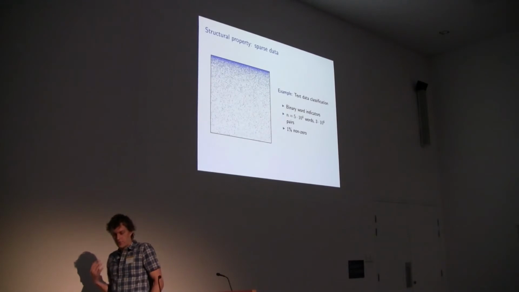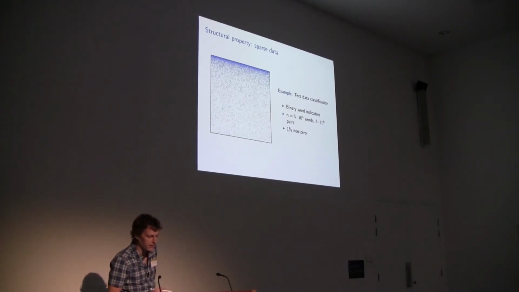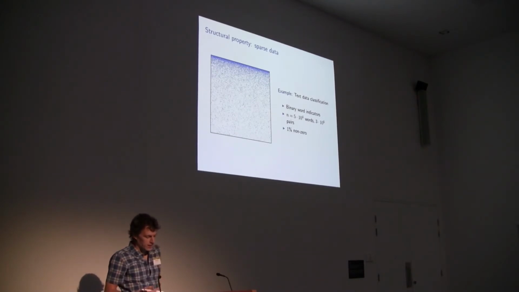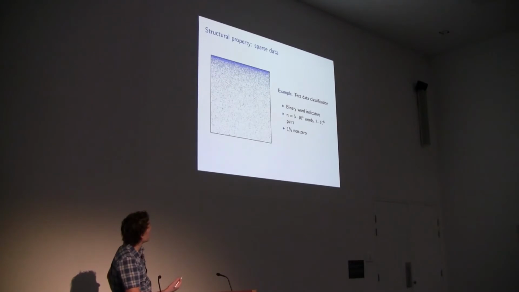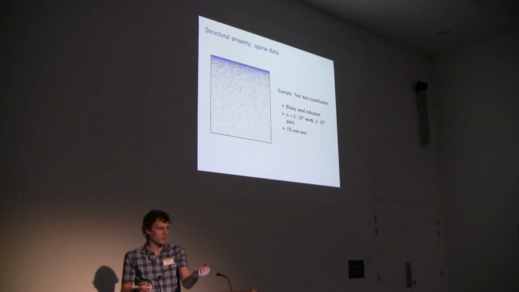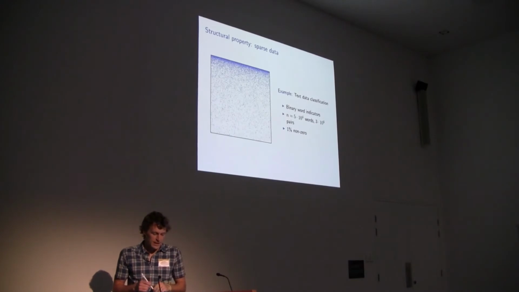Here's a structural property that occurs frequently that might motivate this. Let's think about a text data classification problem, where you're going to use binary word indicators. I give you a document and you encode it with a bag of words: a 1 in a position where a word appears, zeros otherwise.